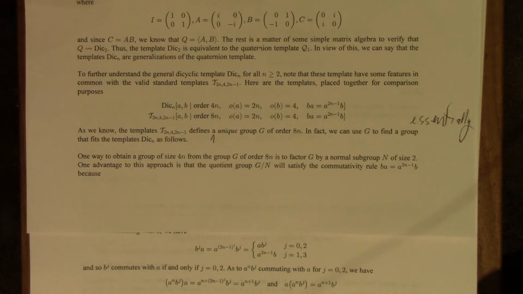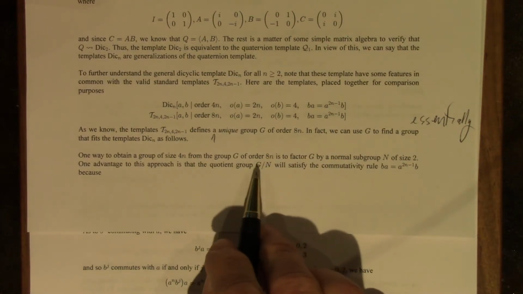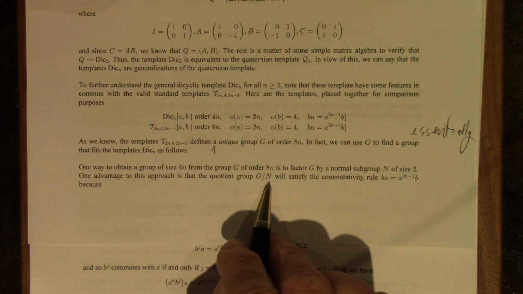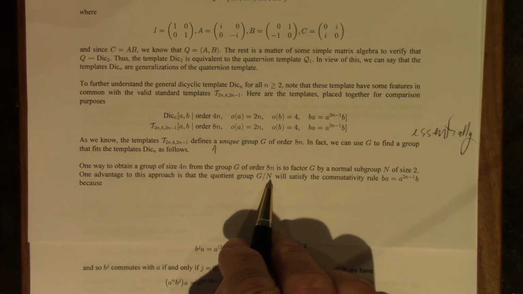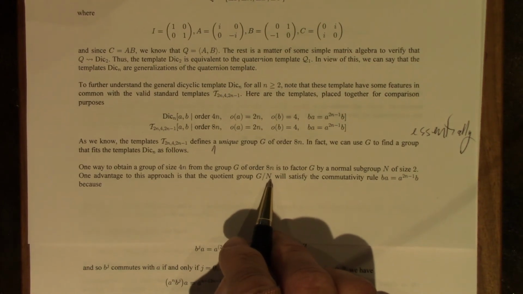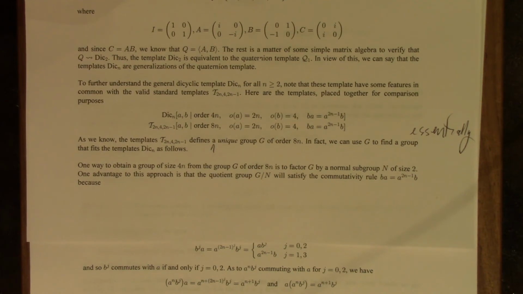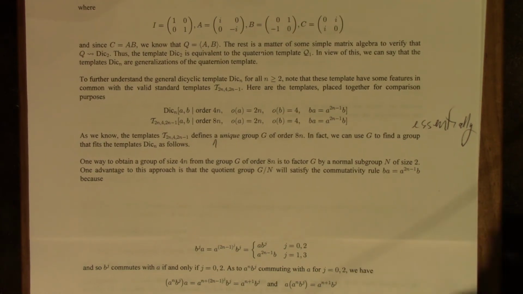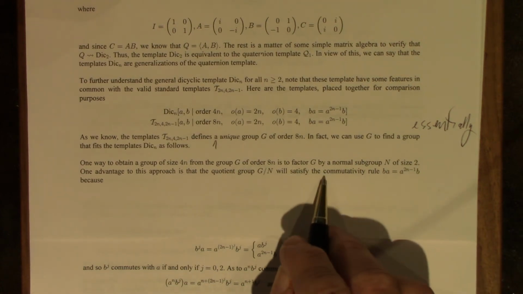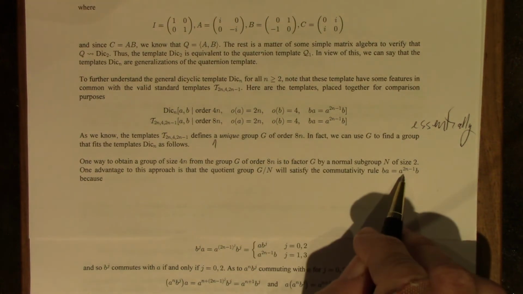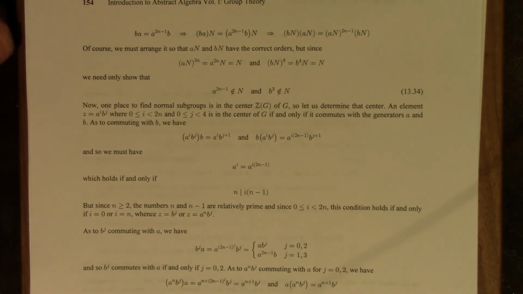Now, an advantage to passing to a quotient group G mod N is that the coset product rule sort of mimics the product in the original group. You multiply or take the inverse of a coset representative. Okay. And so the commutativity rule will hold in the quotient group, and it looks like this.